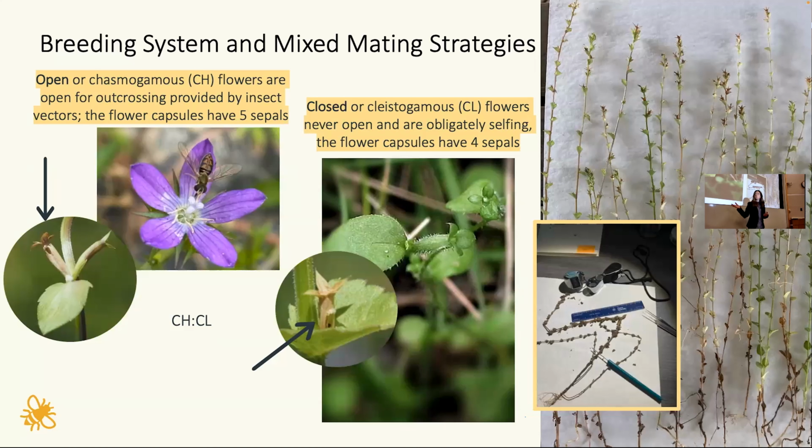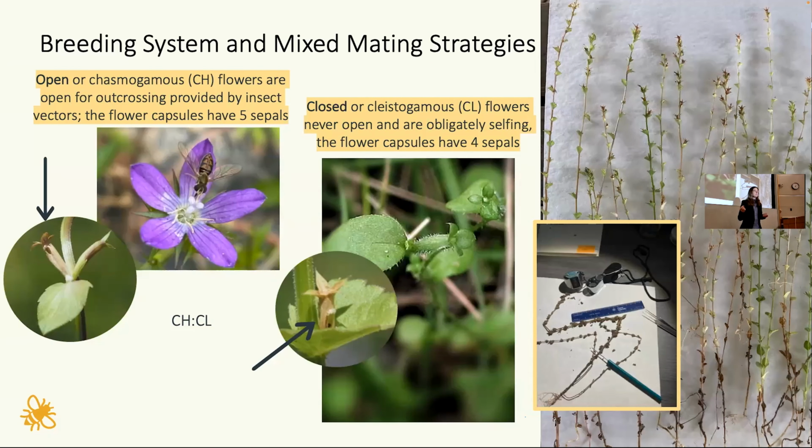Triodanis has these pretty purple rotate flowers with 5 petals, but they also produce closed flowers that never open. These flowers are obligately selfing, so they are not open to pollinators. They do not go through outcrossing.